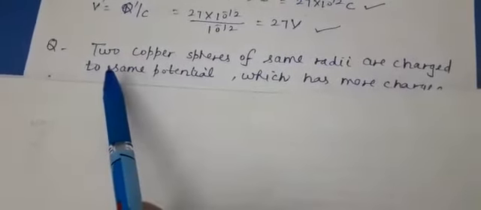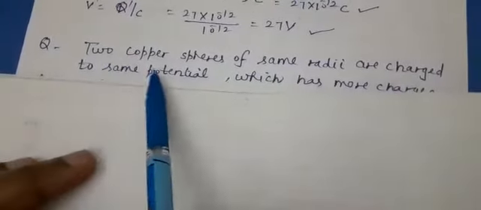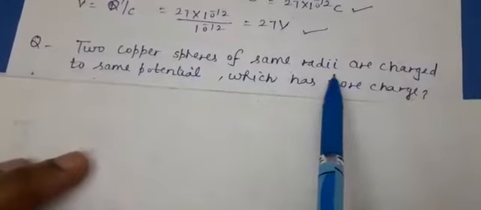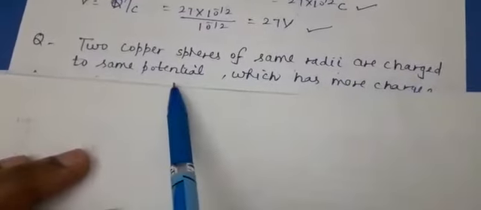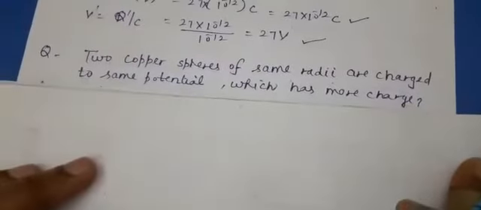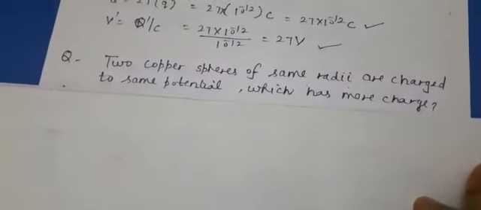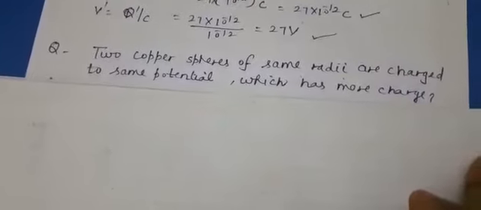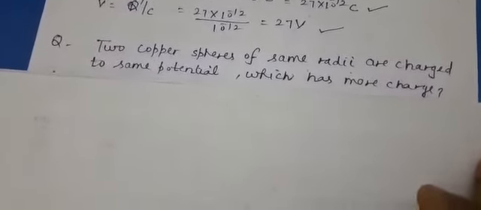Now taking one conceptual problem: two copper spheres of same radii are charged to same potential. Which has more charge? See, we have two copper spheres having same radii and charged to same potential. So, as we know, capacitance is 4 pi epsilon naught r.